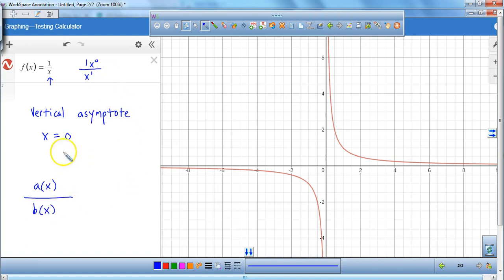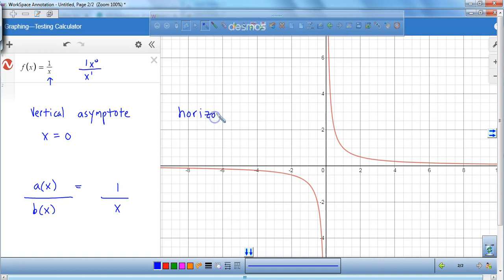Right now let's say a of x equals the number 1 and b of x equals the value of x. Well, technically this degree is smaller than this degree. All right? So if that happens, you have a horizontal asymptote at y equals 0.